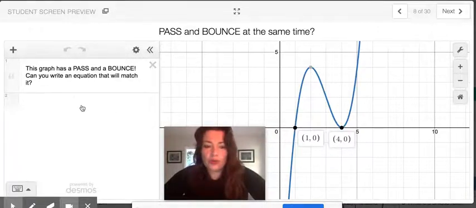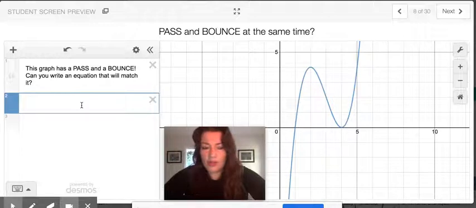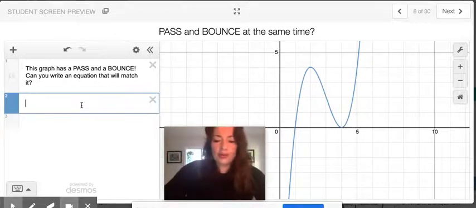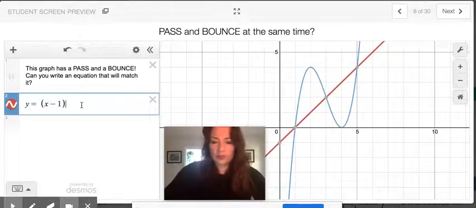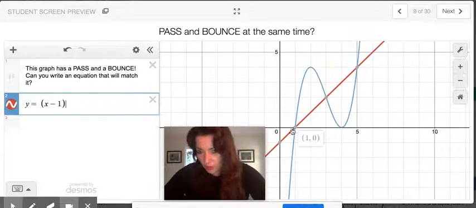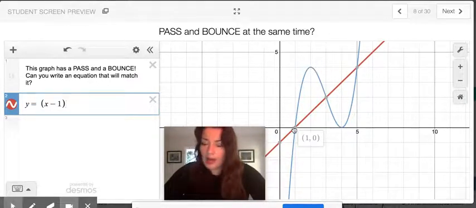So if you try to write this, then you could basically write down the equation as x minus 1. You could see it crosses through the point 1 here. So we want to keep that as degree 1, but then it's going to bounce at 4.